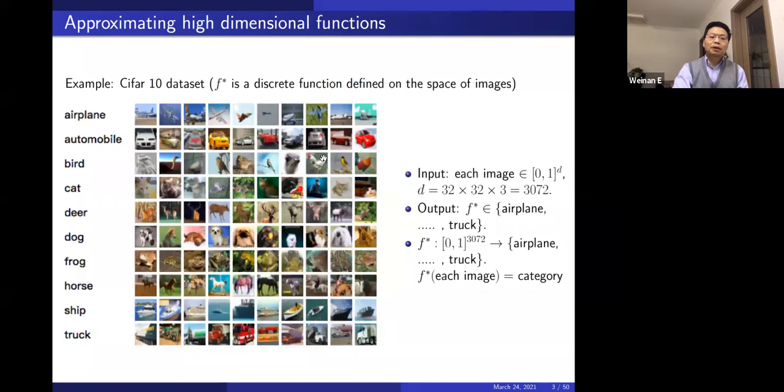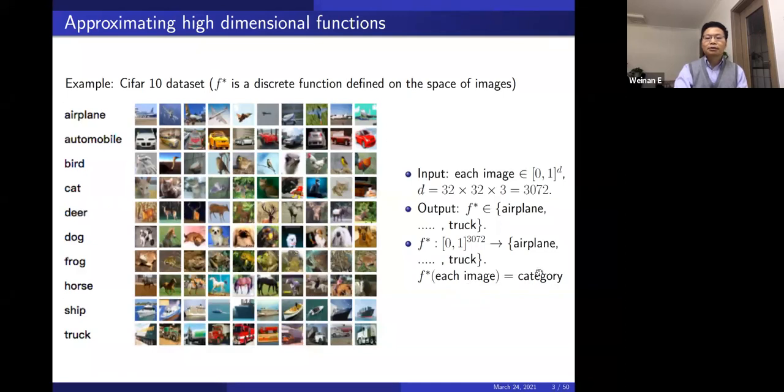This is a typical problem that's solved by machine learning and deep learning techniques: classification of images. Here we have a set of images from a data set called CIFAR-10. The images are labeled into 10 categories, depending on what the image contains. For example, these are deer, these are cats and dogs, and so on. The task is to learn a function that maps each image into its category.